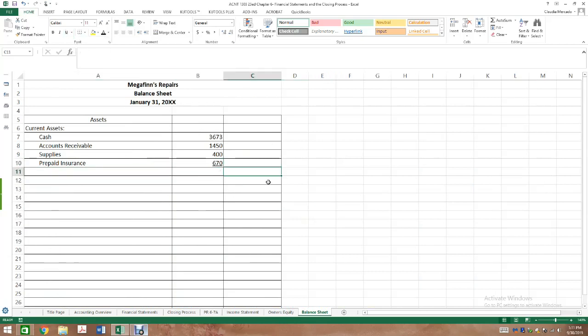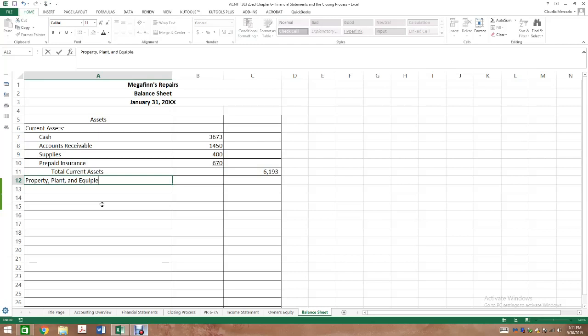I'm going to add these amounts together to get my total current assets, which are $6,193.